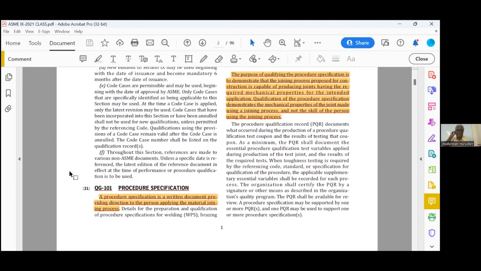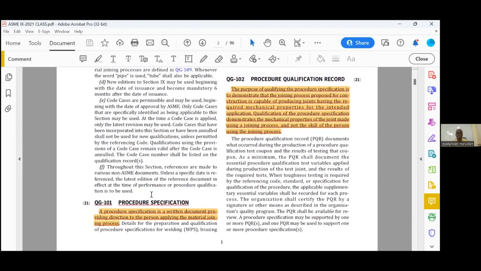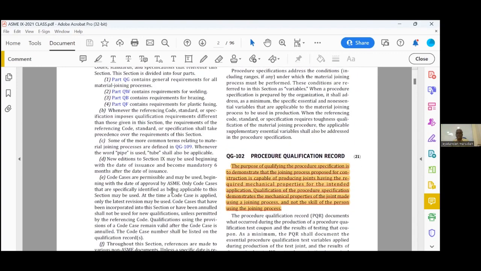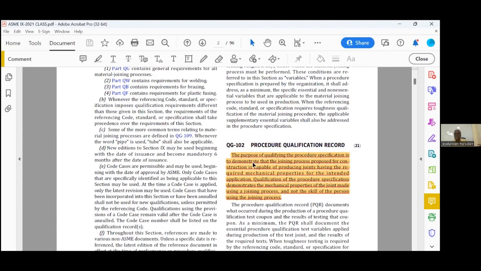Highlight this one. A procedure qualification is a written document providing direction to the person applying the material joining process. Page number 1, these 3 lines. Then highlight this. This is the purpose of procedure qualification record.